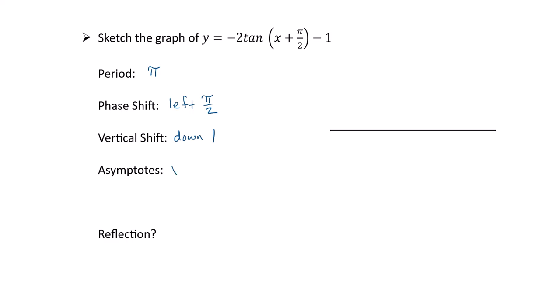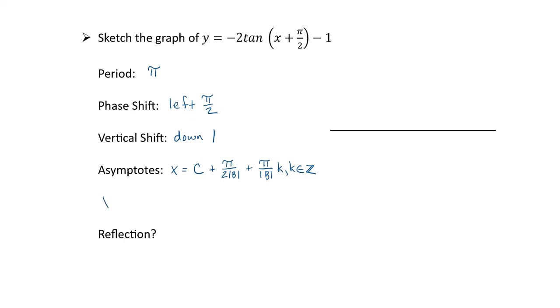And remember, our asymptotes can be found by that phase shift plus pi/2 absolute value of b plus pi/absolute value of b, k, where k is an element of the integers.